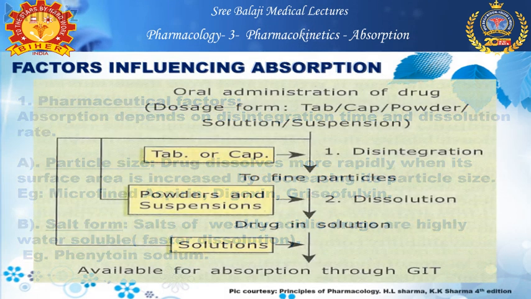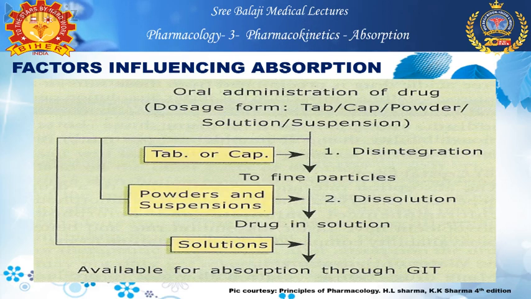When a drug is given by oral administration in any dosage form like tablet, capsule, powder, solution or suspension, it will go through a step called disintegration. A tablet or capsule will disintegrate into fine particles.